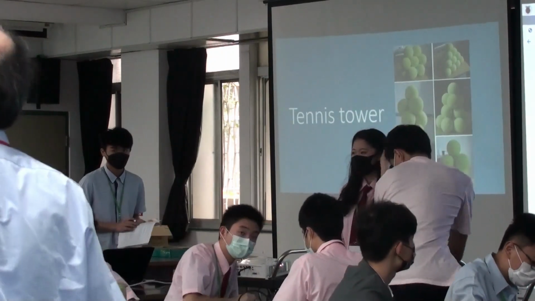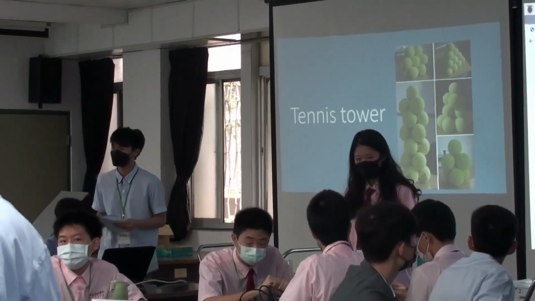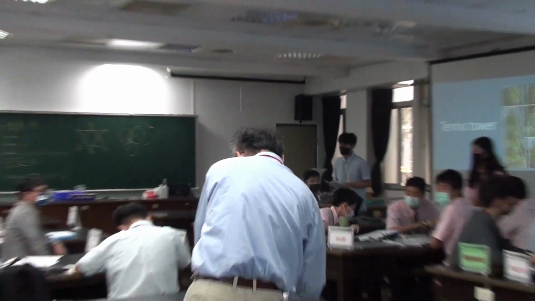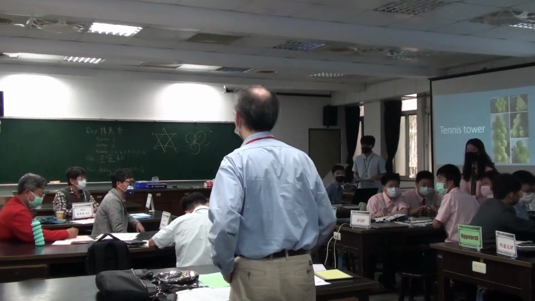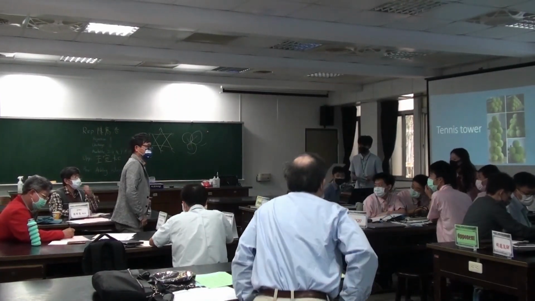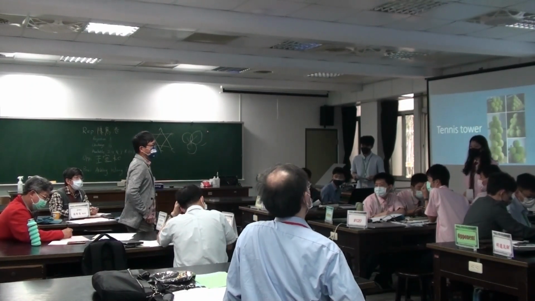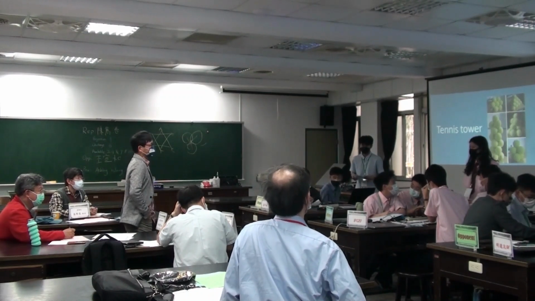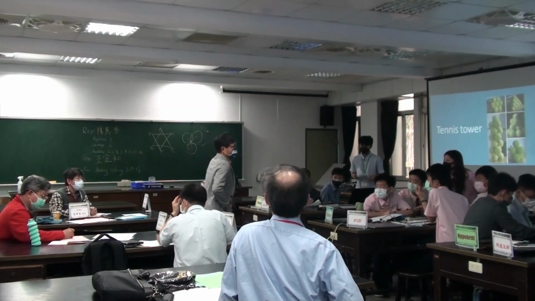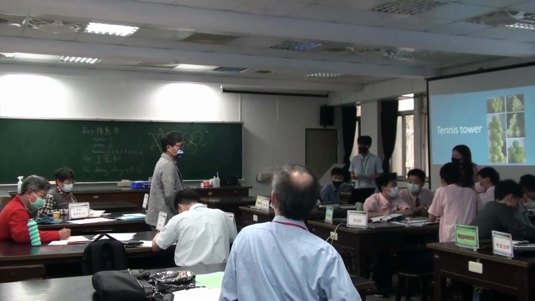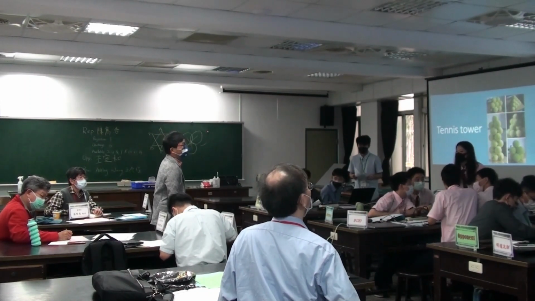I would like to ask: you mentioned that there is a limit on the number of layers, and you mentioned a definition, but the number of layers is also limited by the deformation.